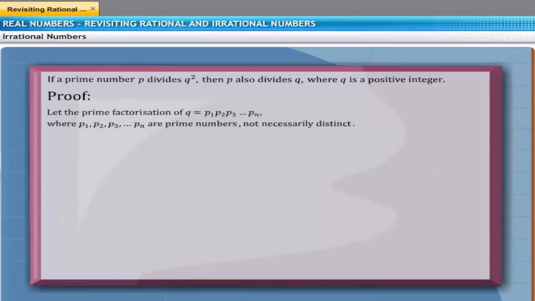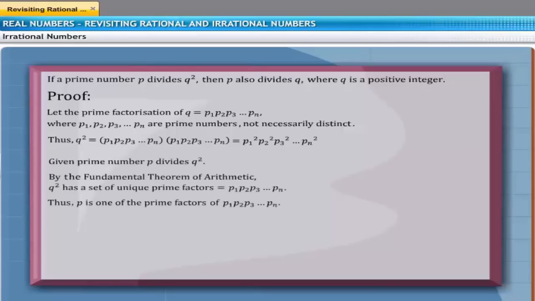To prove the theorem, let us assume that Q is a positive integer whose prime factors are P1, P2, P3 to Pn, not necessarily distinct. Thus, Q square is equal to the product of the squares of P1, P2, P3 to Pn. It is given that the prime number P divides Q square.